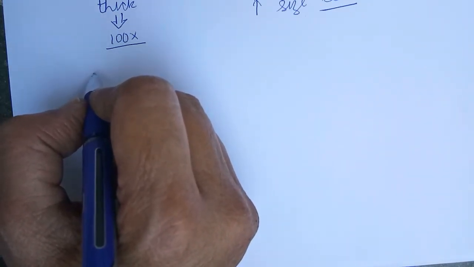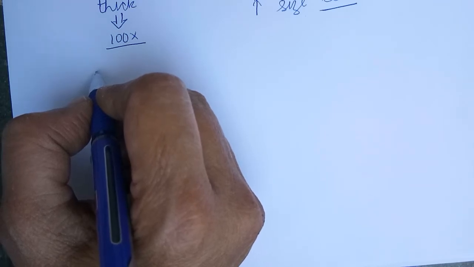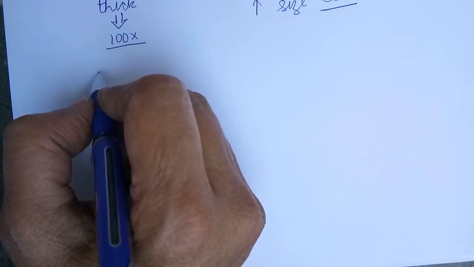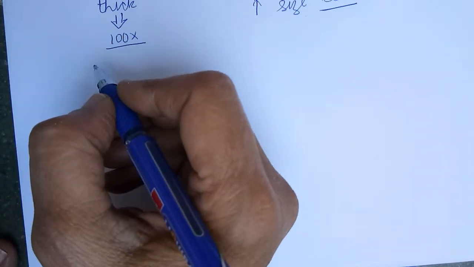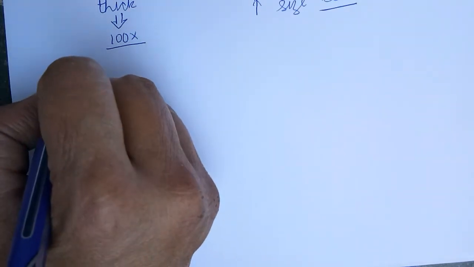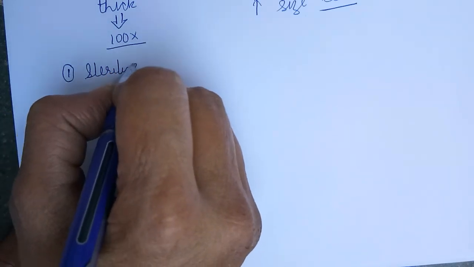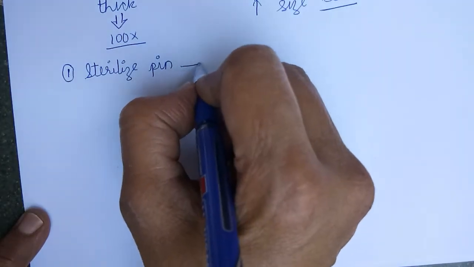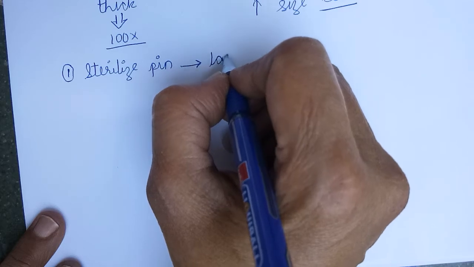We are going to observe the bacteria found in the interspaces of our teeth, in the tartar of the gums, which is the species Treponema microdentium. First we will sterilize the pin, and with the help of the pin we will take out the tartar from the gums.